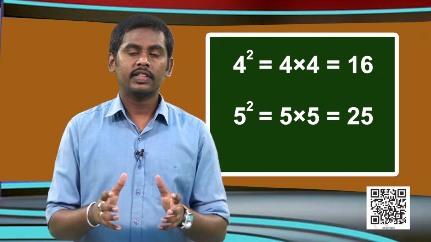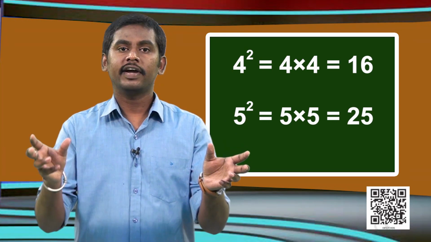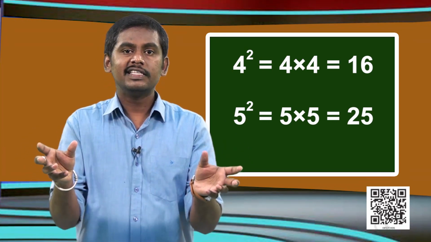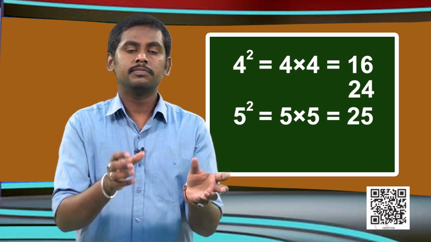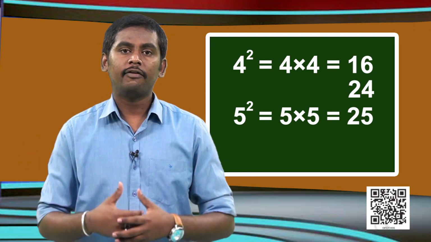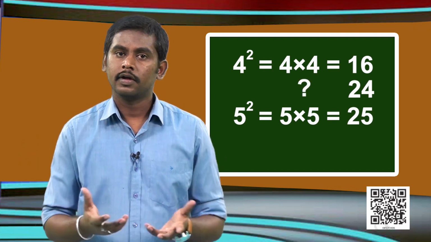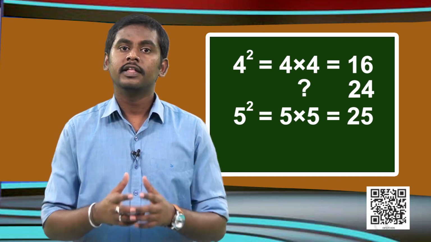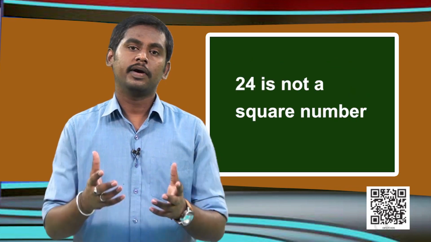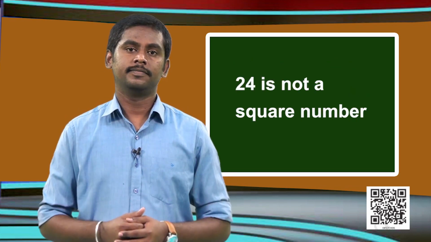So, we observed that 4 square is 16 and 5 square is 25. So, we can easily say that 24 lies between 16 and 25. But do we have a number between 4 and 5 whose square is 24? It is not possible, because there is no integer present between 4 and 5. So, by this we can say that 24 is not a square number.